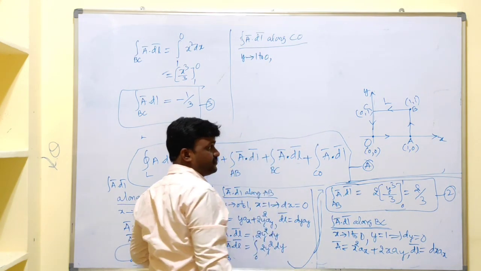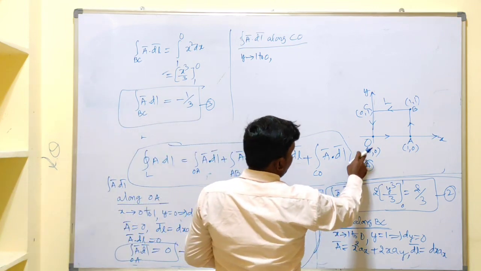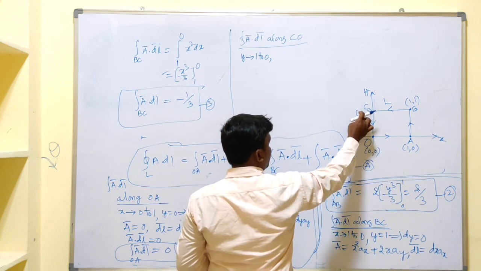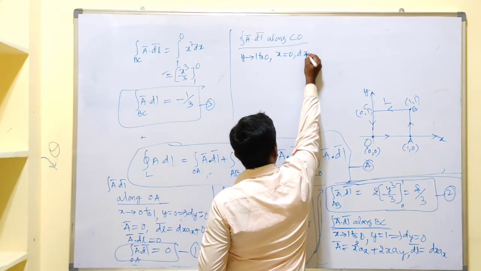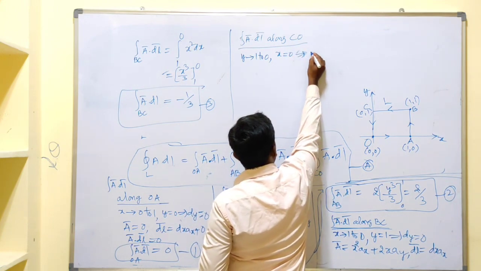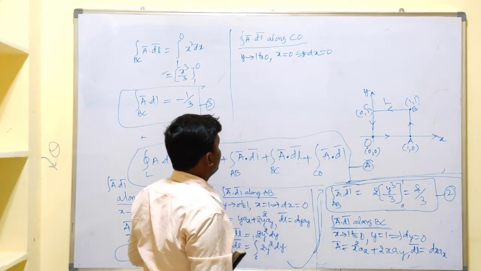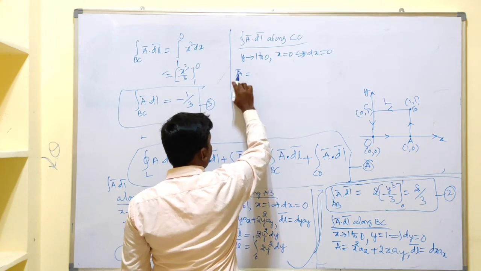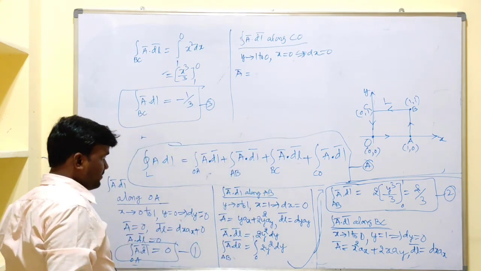And what about x? Here x is 0, here also 0. That is x is 0. It implies if x is 0, dx is 0. Therefore, a bar dot dl bar. First write a bar. In order to get a bar, substitute x equal to 0 in the expression of a.